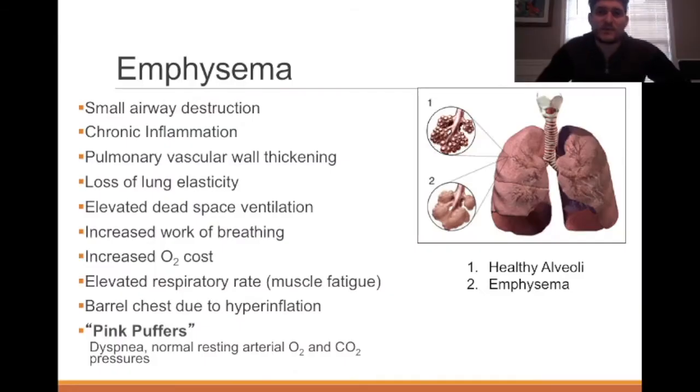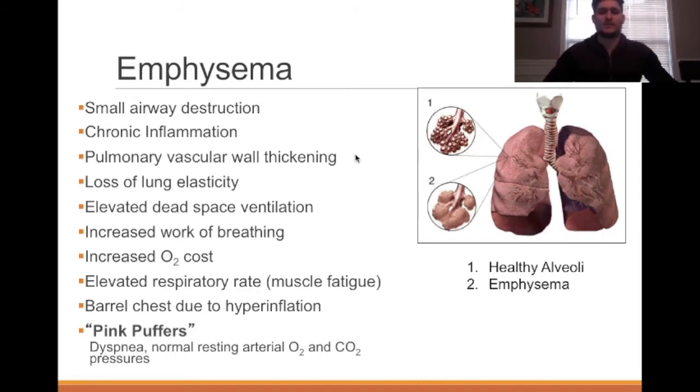There are two separate subclasses of COPD. One of the diseases is called emphysema, and here we can see the lung. If we zoom in, we see what normal healthy alveoli look like, right under where it says number 1. And then number 2, these are alveoli with emphysema. What's going on here is small airway destruction.